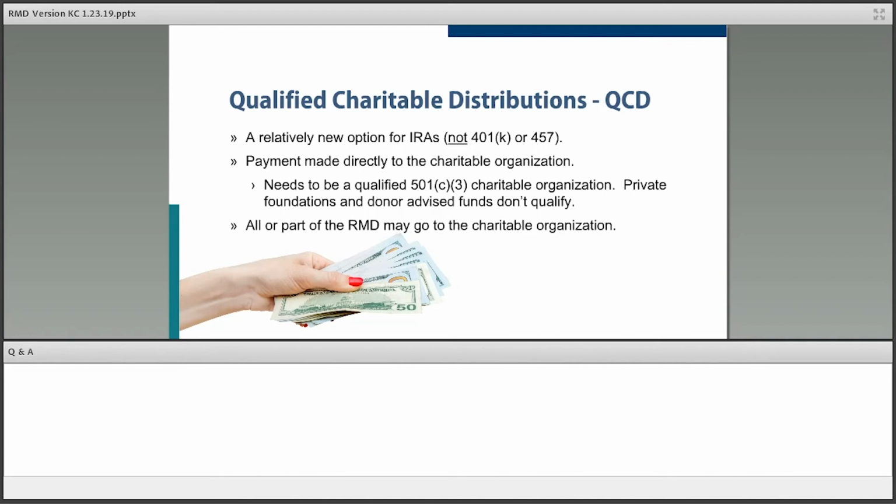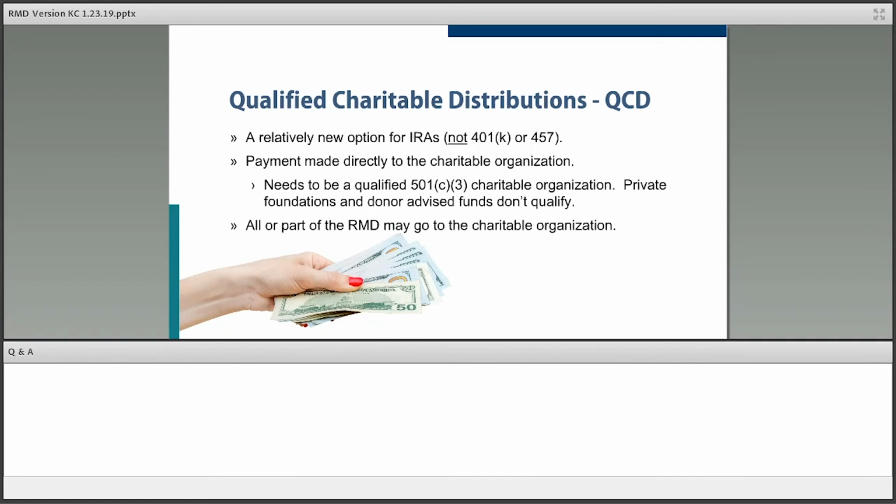And that's a key point to be aware of, because sometimes people will get thrown for a loop, not realizing that if they want to do that qualified charitable distribution, the money's got to be in the traditional IRA account the year prior to the year that the charitable distribution is made. So please be aware of that.